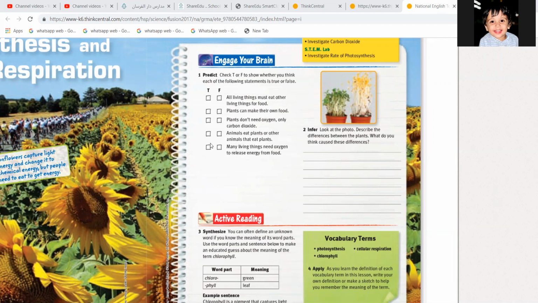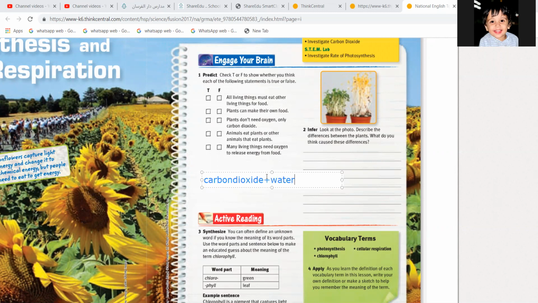So of course, photosynthesis is the process that plants are doing. The first step we have to write in photosynthesis is that they need carbon dioxide. And of course, plants need water.